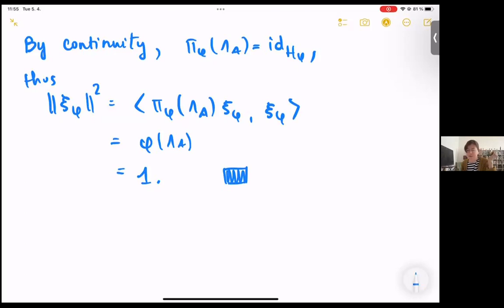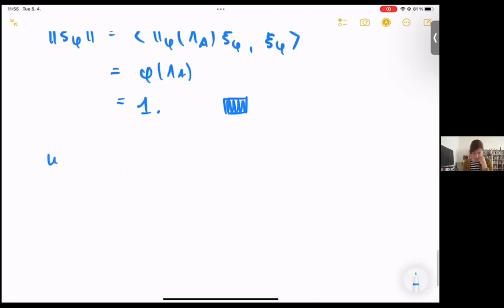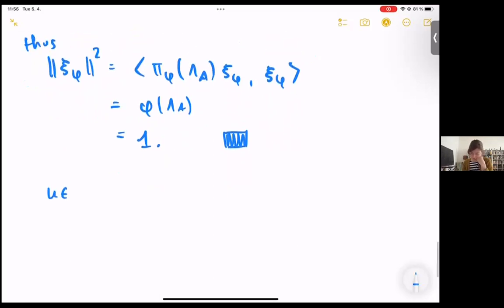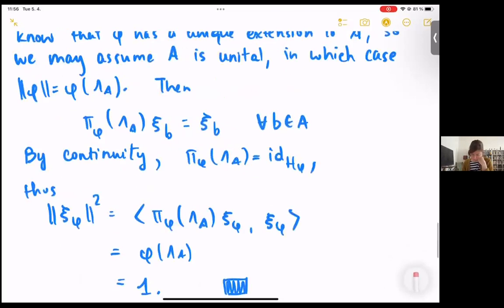Pi u psi, give the same state? Let me think. So you want to say if u in, yeah, will it give the same?